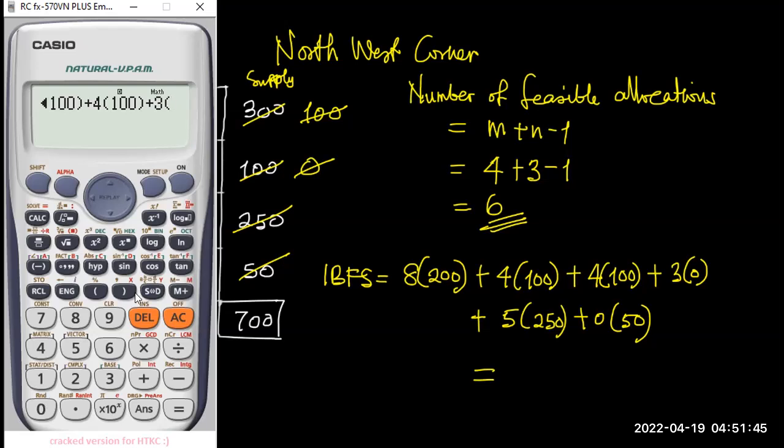Obviously this is 0, but I don't know why I'm doing it this way. Plus 5 by 250, plus this also 0 by 50. Okay, so this is 3,650.